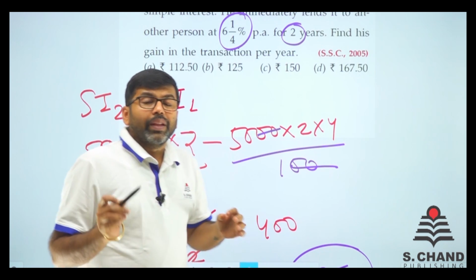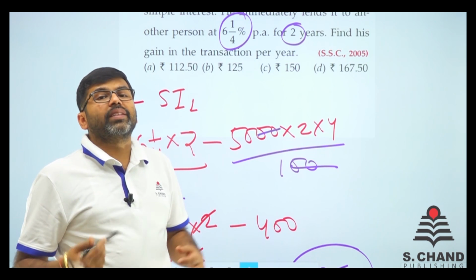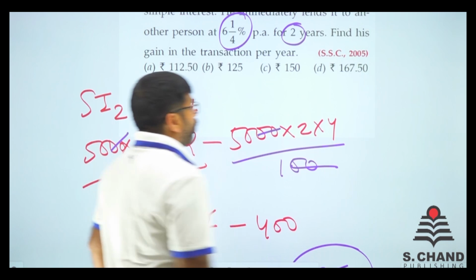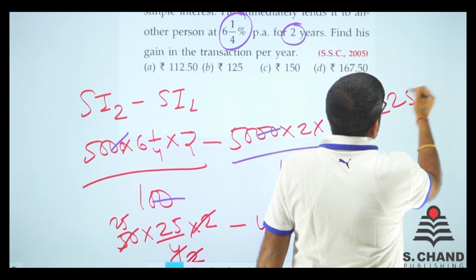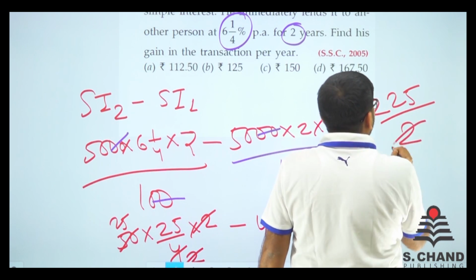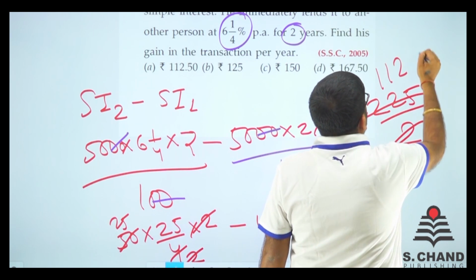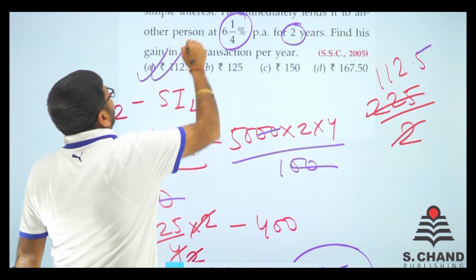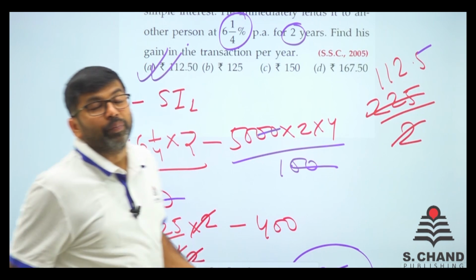No. You calculated the SI for 2 years. So for 1 year, you need to do 225 divided by 2, that is 112.5. Now see, is this an option? Yes, it is 112.5. So this is the way you do it.